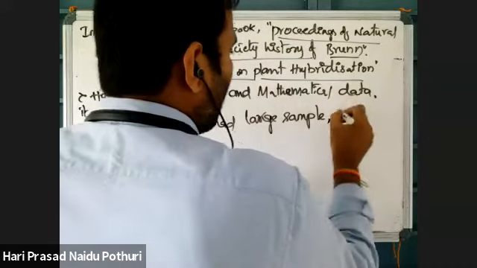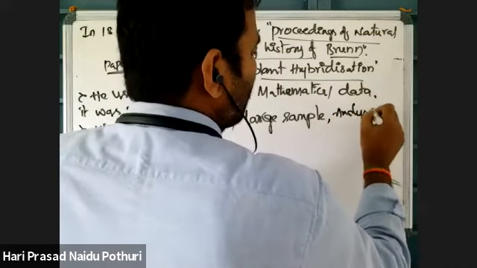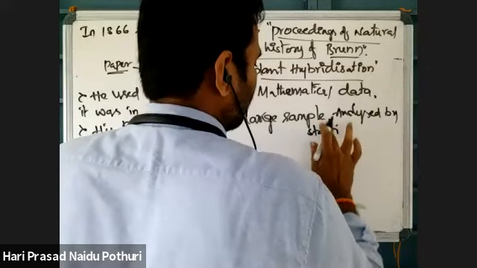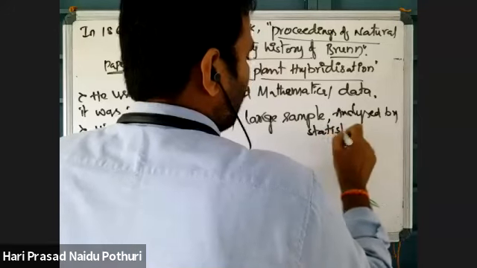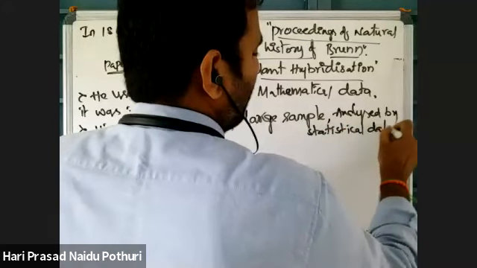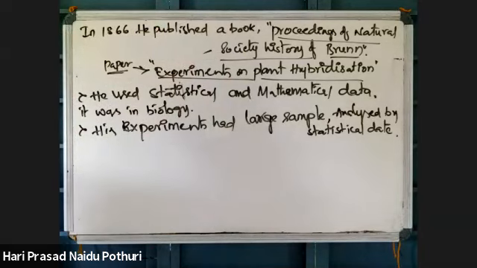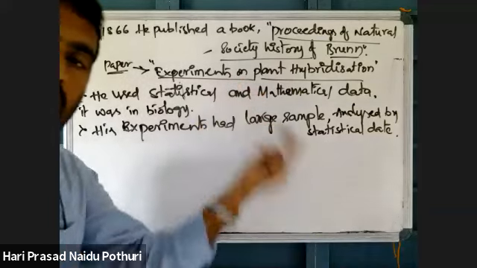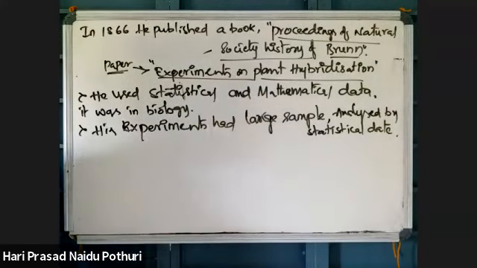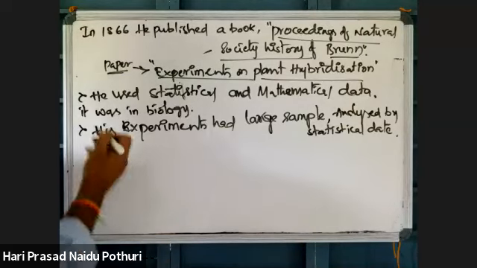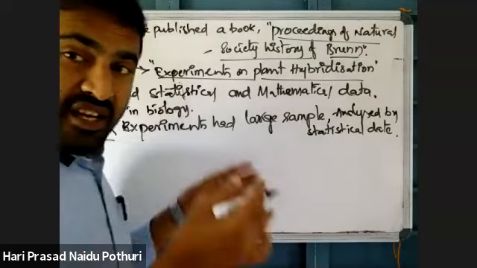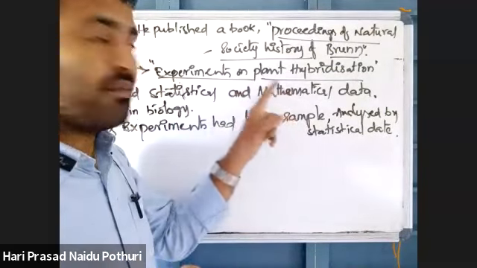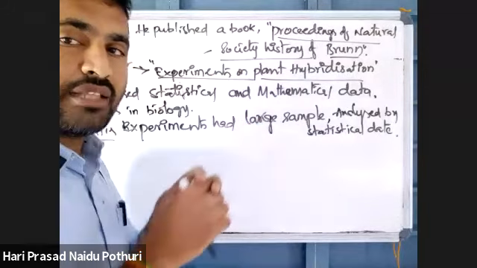That sample is analyzed by statistical data. As more samples were taken by Mendel and more statistical methods were used, his co-workers or followers were not able to follow the experiments, because he had knowledge about statistics, mathematics, natural science, biology, hybridization, everything.